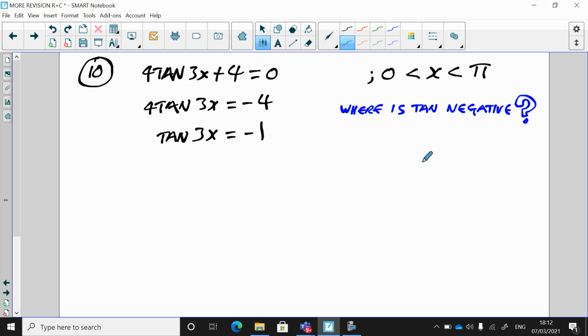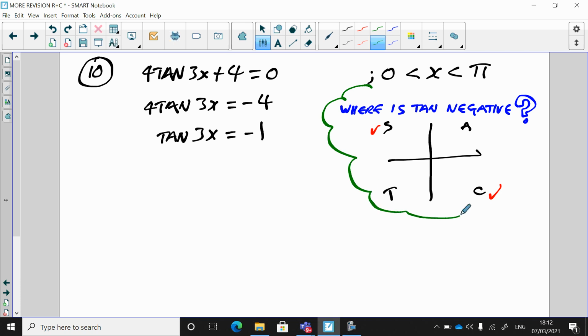So where's tan negative? Well, that's my all sine tan cos. It'd be positive in all in tan, so it's going to be negative in sine and cosine. Right. You always need to ask that question.